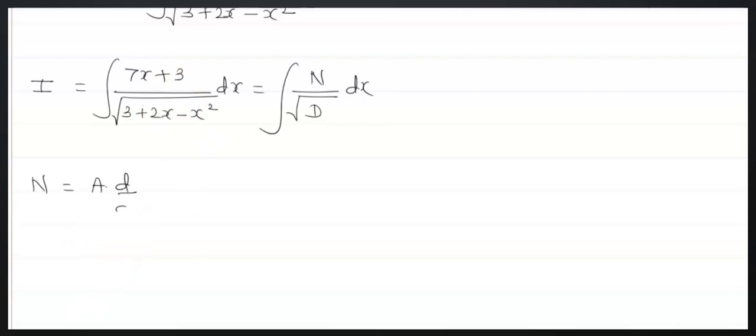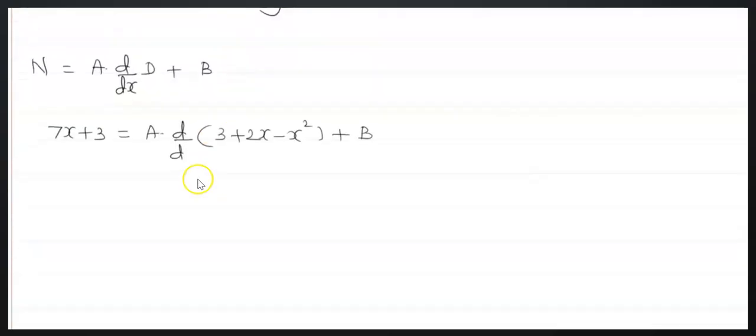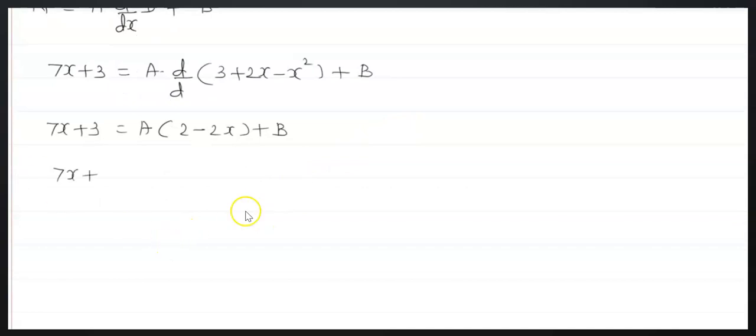Numerator is equal to a into d dx of the denominator plus b. 7x plus 3 is equal to a into derivative of the denominator, that is 3 plus 2x minus x square, plus b. That is a into 2 minus 2x plus b.